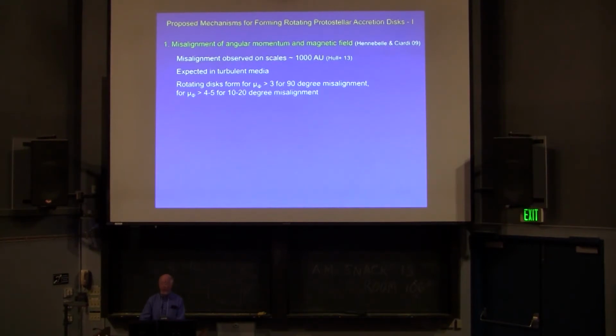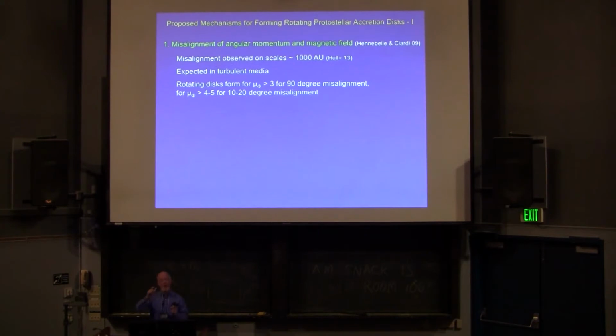And in fact, just this year, Chat Hull and a large number of other people used CARMA to observe the orientation of the magnetic field on a scale of 1,000 AU. And then they compared that with the direction of the protostellar outflow, which is determined on the scale of less than an AU.